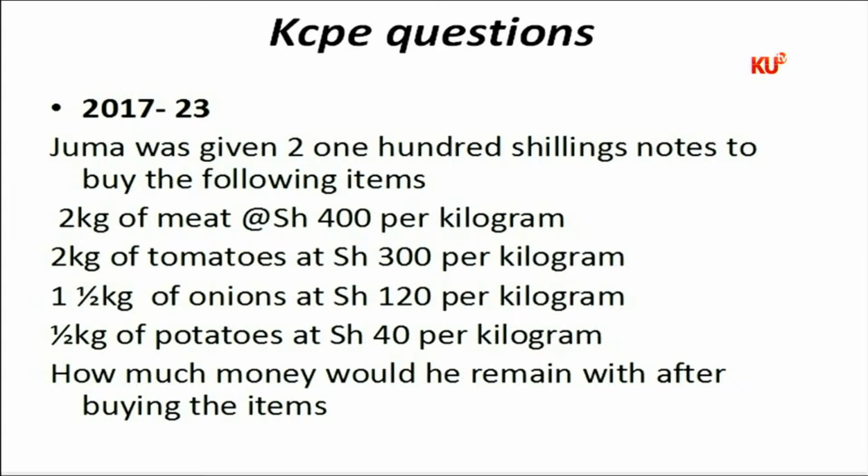How much money would he remain with after buying the items? So the question still wants us to get the balance, because it is asking how much money would he remain with after buying the items.